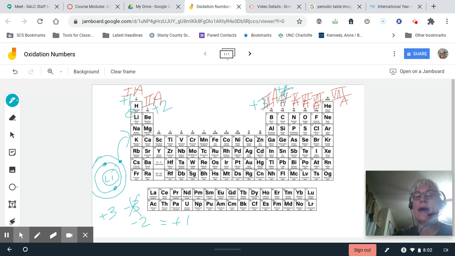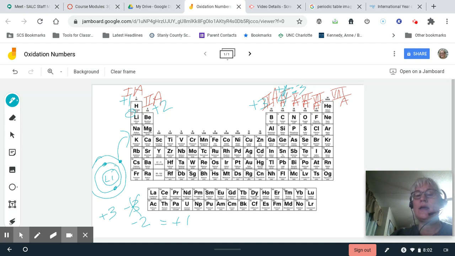Then you have your other columns here. The next column is 5. It's not going to be minus 5. It has 5 electrons. How many more does it need to get to 8? Well, 8 minus 5 is 3. So it'd be minus 3 here.